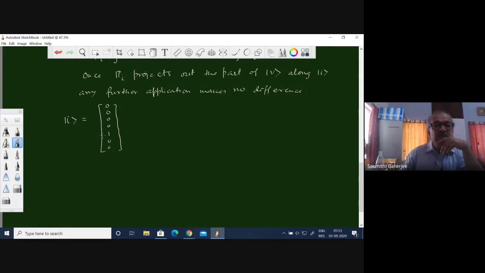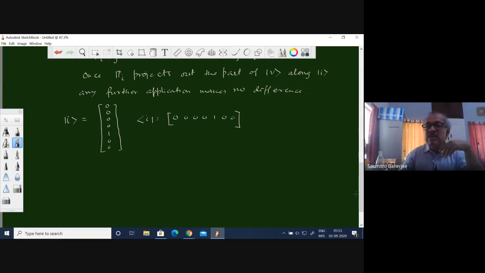If that is so, then your bra will be its own row vector, and this is 1, therefore there is no conjugation, so we can write it that way. So your bra will be 0 0 0 0 1 0 0, that kind of thing.